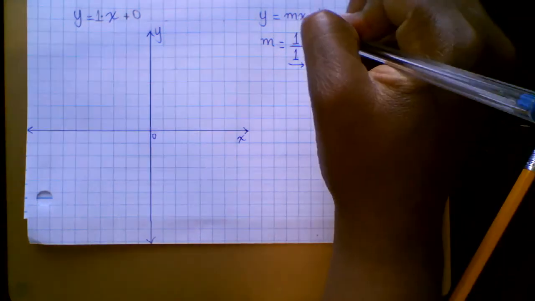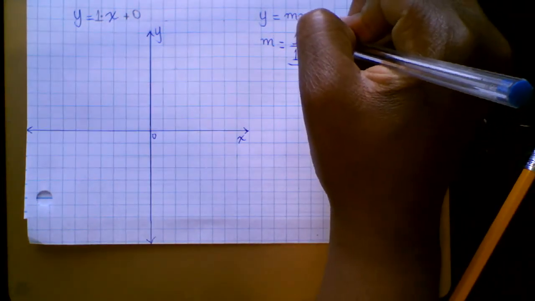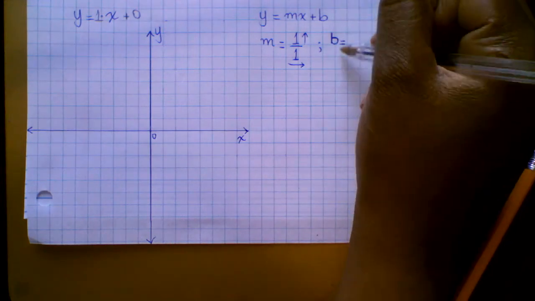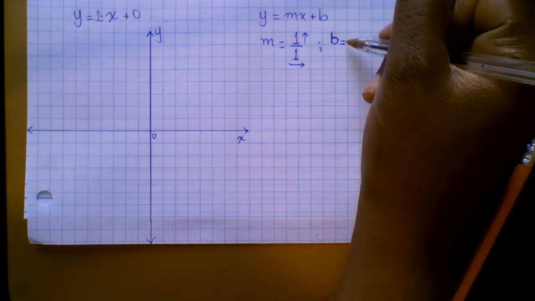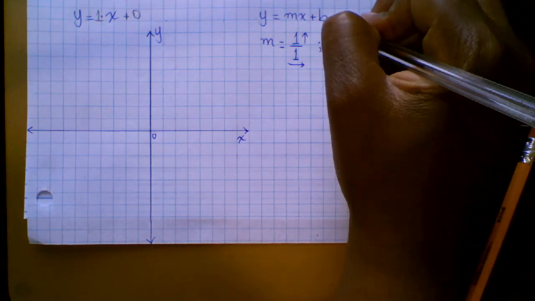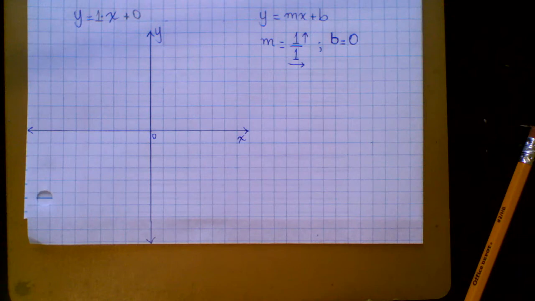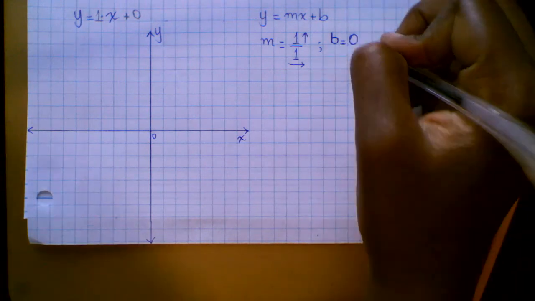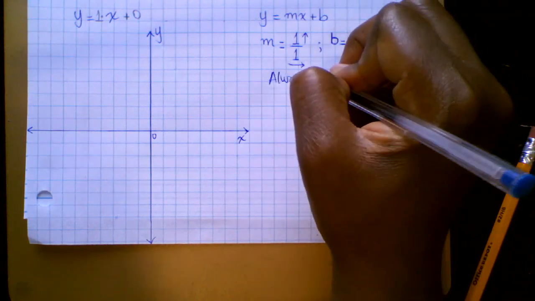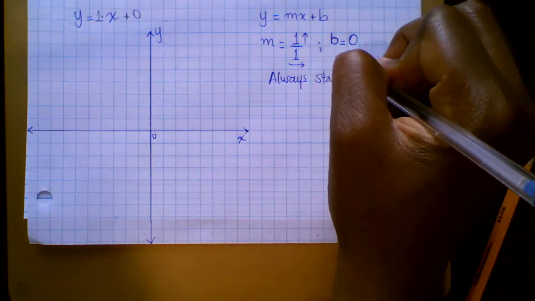B is the letter you use to represent the y-intercept. You don't write y-intercept, you just write b, and here b equals 0. Again, where are you going to start? Always start at the y-intercept.